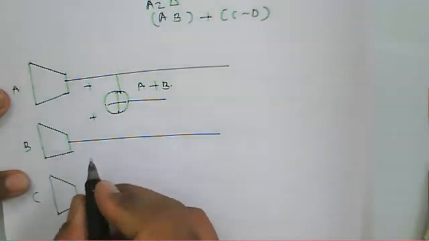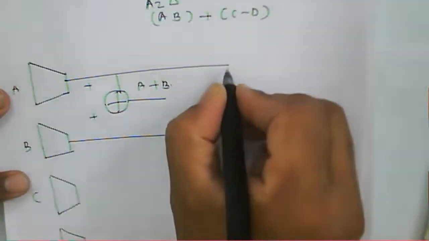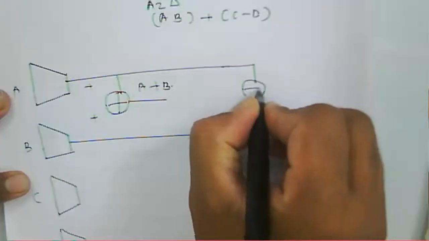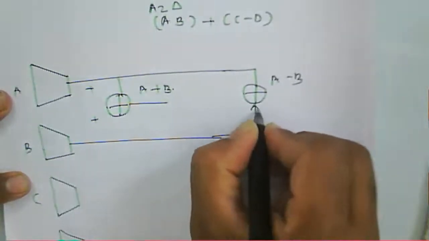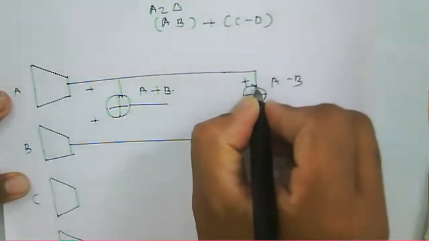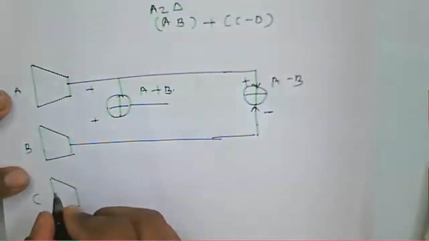Okay, so we can say this one we have A minus B, that B input is minus, this one is plus here, and we get A minus B output.